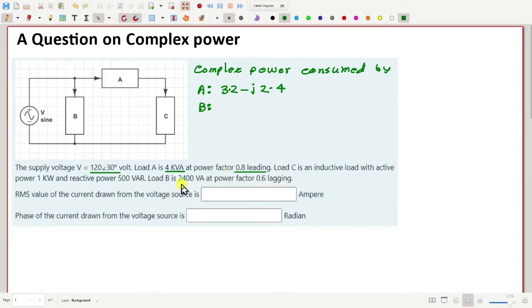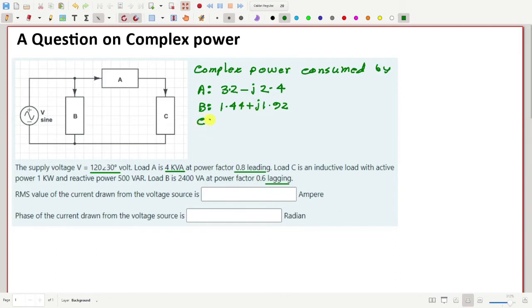So that means real power is 2.4 into 0.6, which is equal to 1.44 kilowatt, and the reactive component will be 0.8 multiplied by 2.4, so that will be 1.92 j. Since the power factor is lagging, the complex power consumed should have a positive imaginary component.